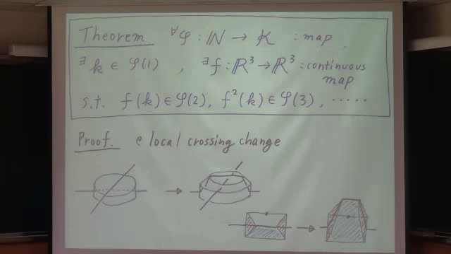Then for any given infinite sequence of oriented knot types, there exists a representative K, a subset of R3 representing the first knot type phi1, and there exists a particular continuous map F of R3 such that if we map K by F, then the knot type is phi2.